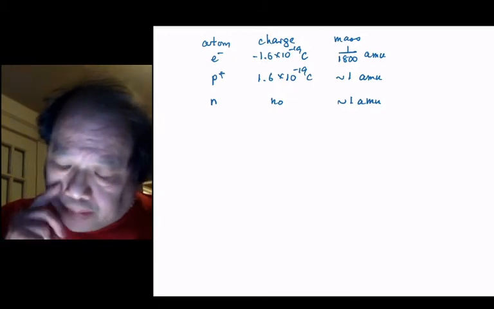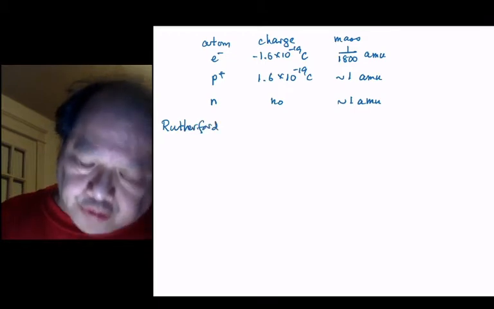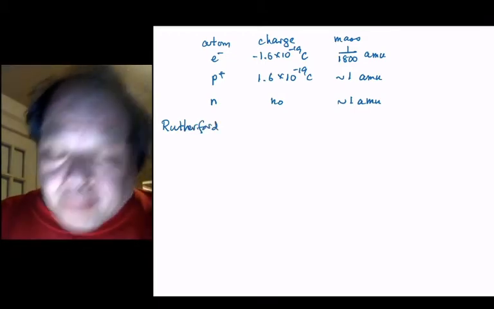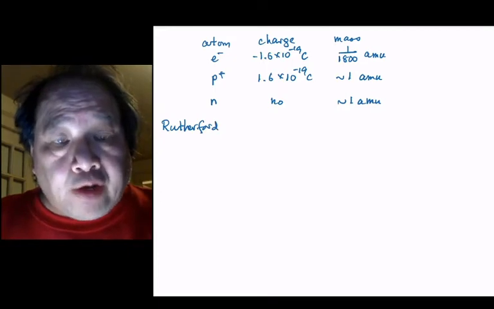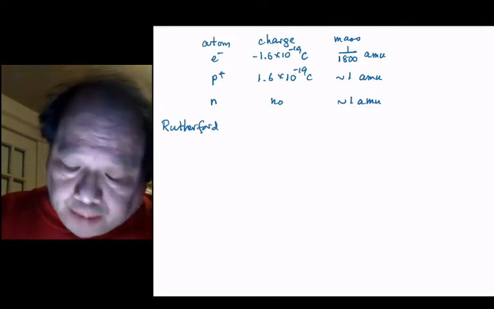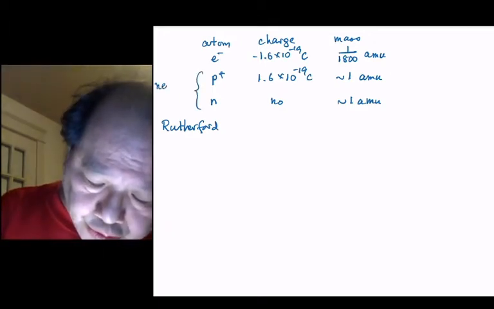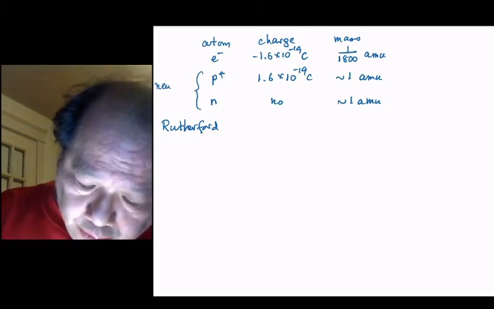And it's surprising because of the Rutherford experiment. The Rutherford experiment showed that the massive particles were very, very small because the alpha particle bounced back rarely. The protons and the neutrons were in the nucleus and very small.